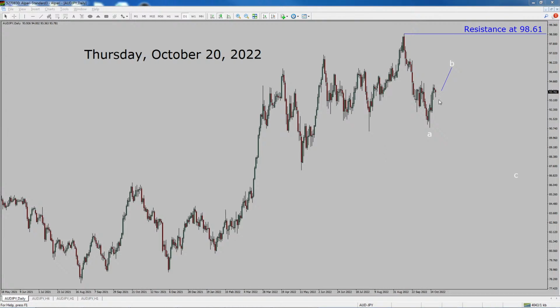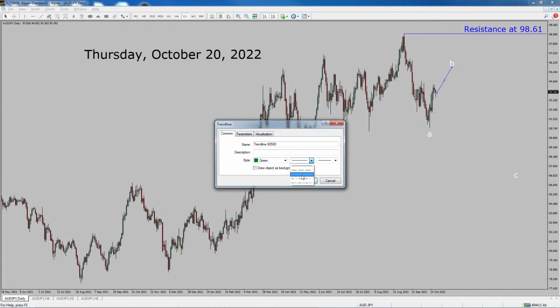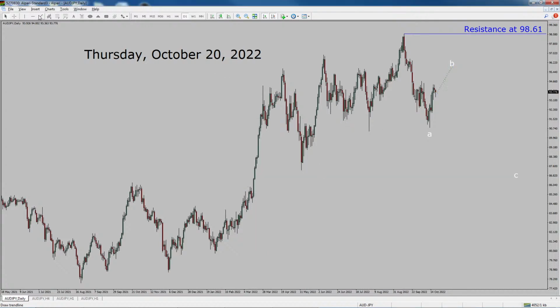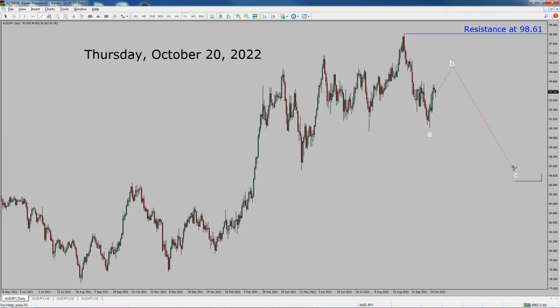Okay, so I expect a bullish leg over here, and then price action is probably going to drop to complete the first zigzag.